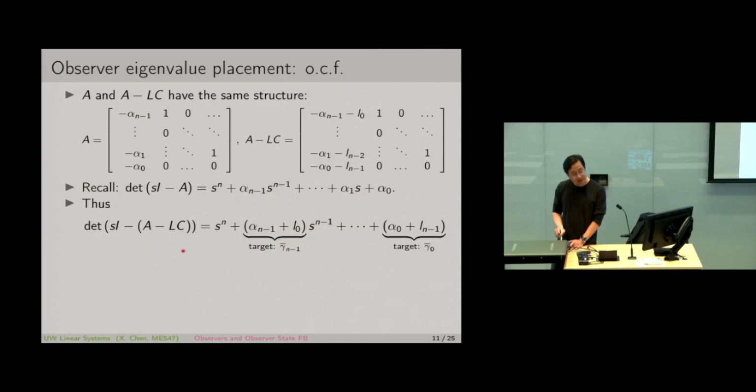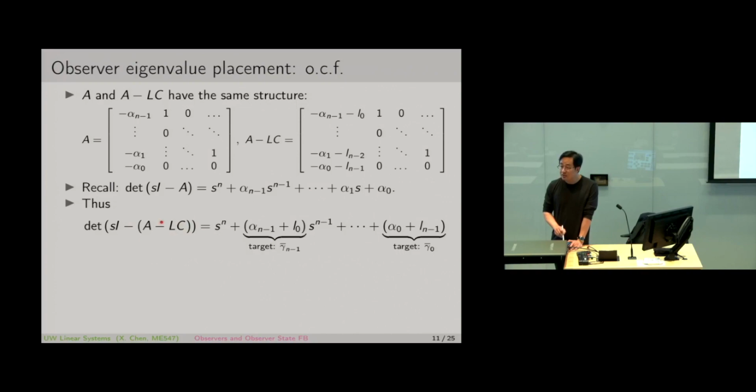This is our goal: we want the determinant of sI minus this observer closed-loop matrix to be in this form, where the target coefficients are gamma bar n minus 1 all the way to gamma bar 0. That's our target.